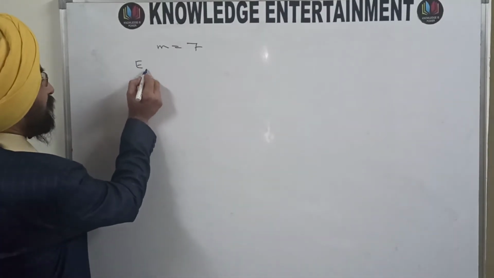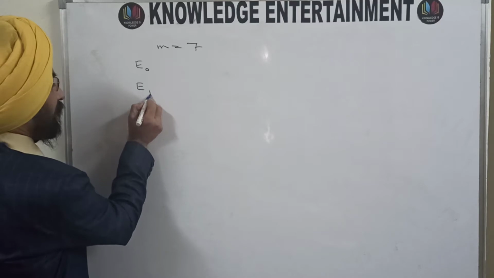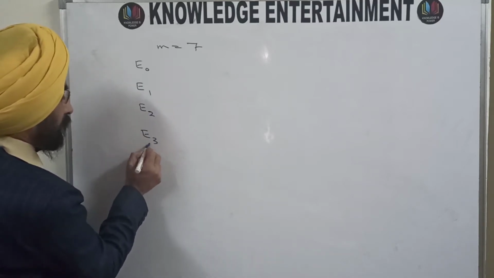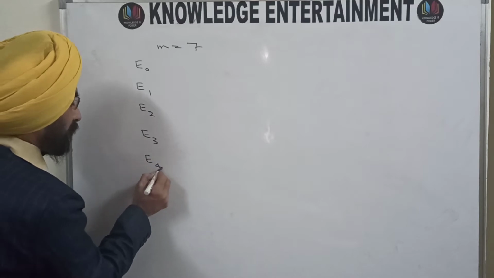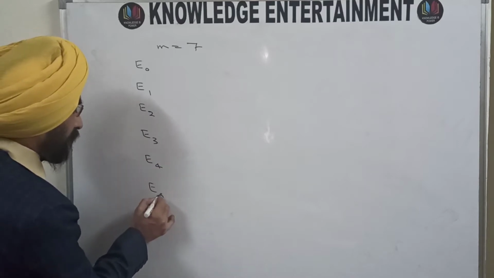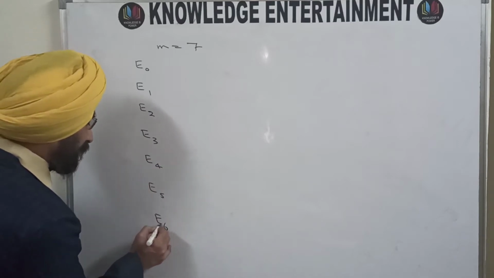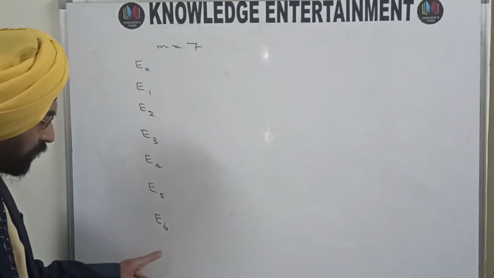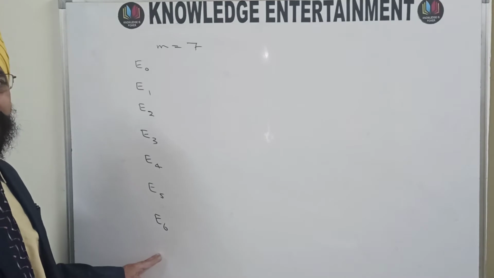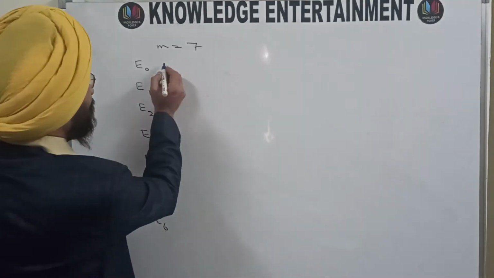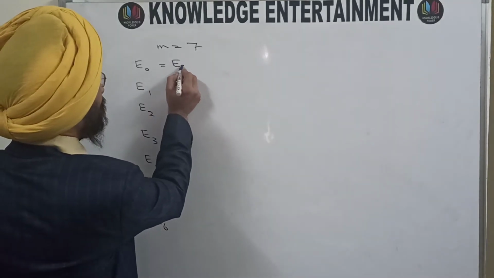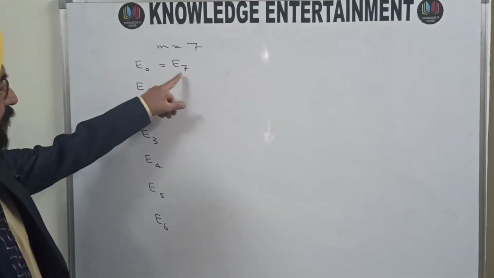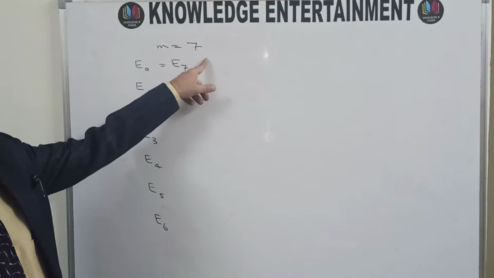These are E0, E1, E2, E3, E4, E5 and E6. Because if you move next to E7, then E7 is nothing but the same as E0, because 7 is congruent to 0 modulo 7.